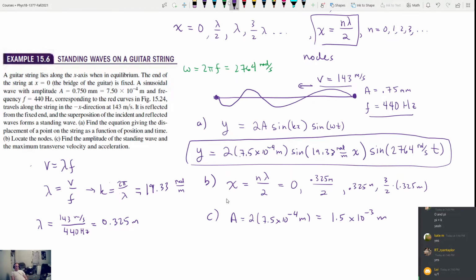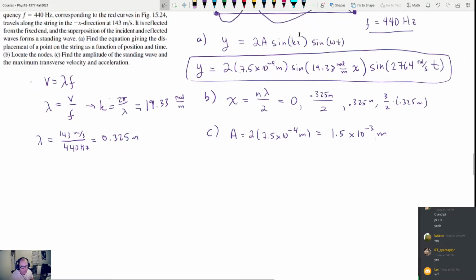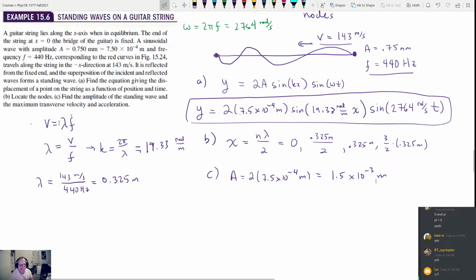Okay. The maximum transverse velocity and acceleration. Oh boy. Okay, well, now what do we have to do? If I want to find the transverse velocity and the transverse acceleration, what do you all think?